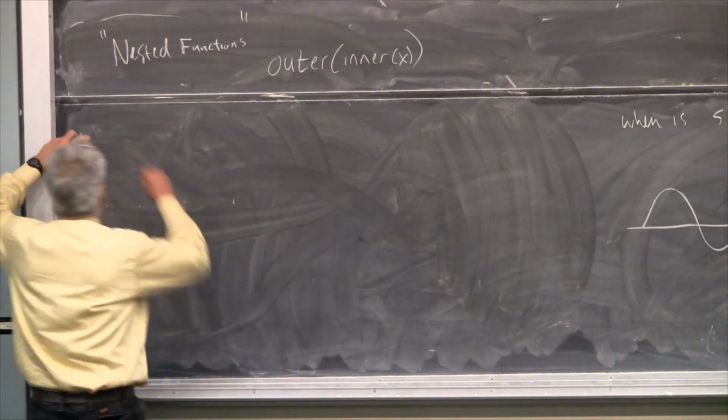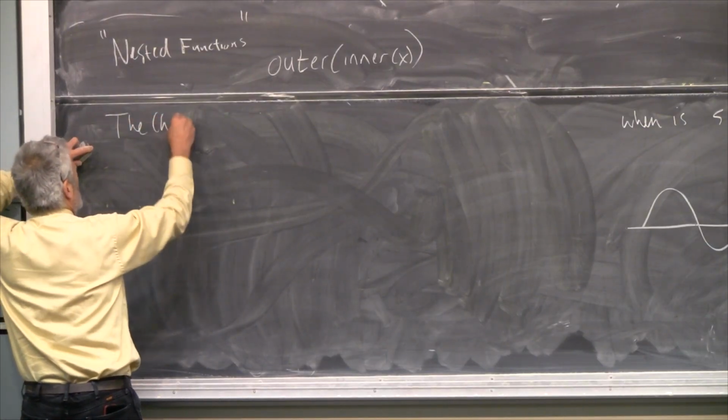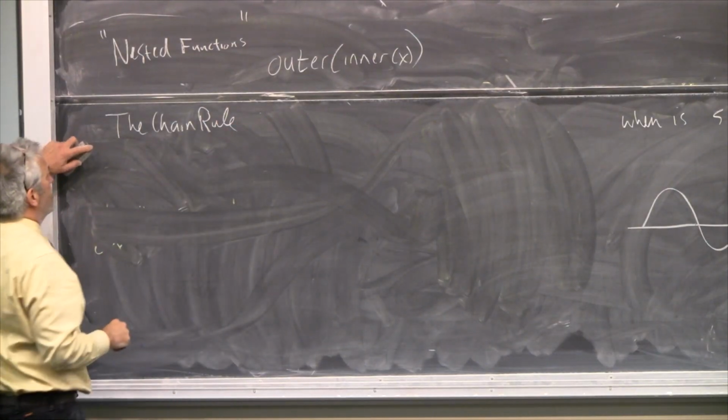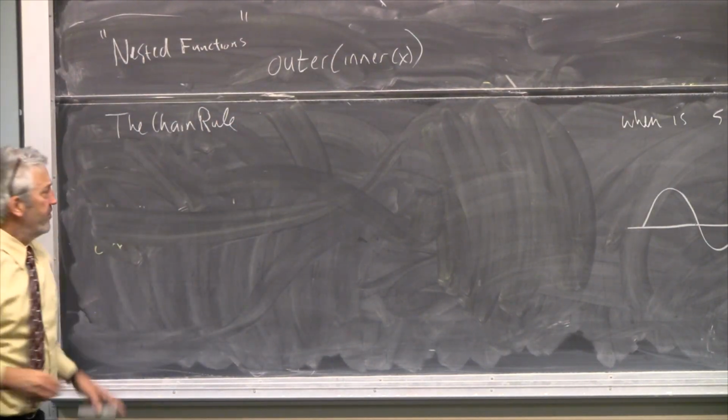So the chain rule is used for taking the derivative of a nested function.